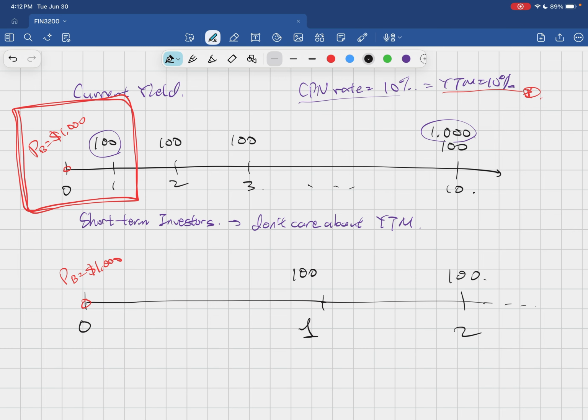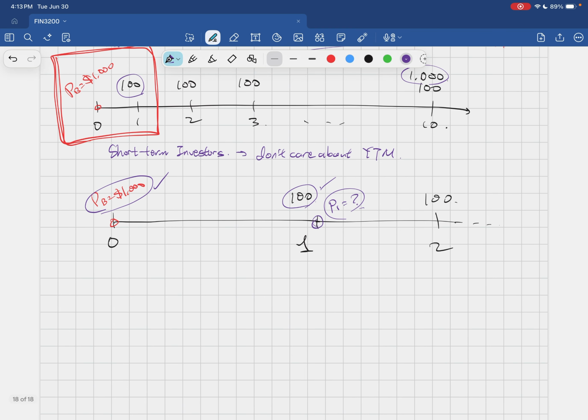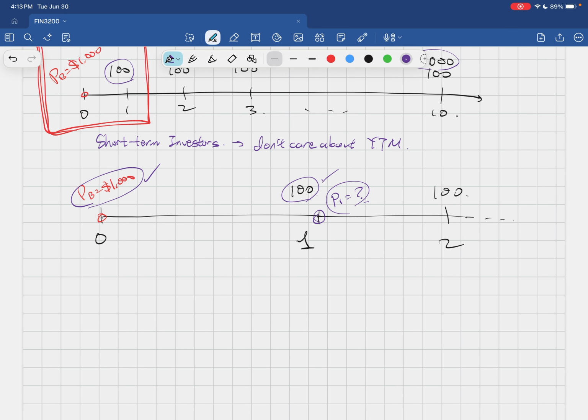Their plan is they're first gonna purchase the bond at $1,000, and then they're gonna collect the $100 coupon payment. And then they'll sell the bond at whatever the bond price is in time 1. So let's try to come up with an expression for the return for this short-term bondholder, focusing on this part right here, okay?